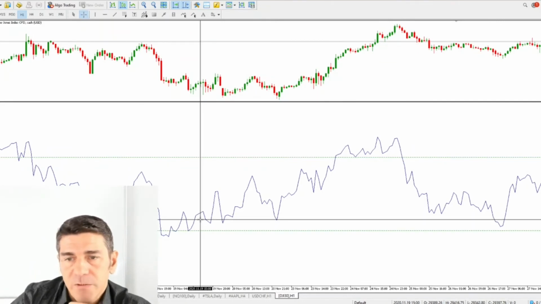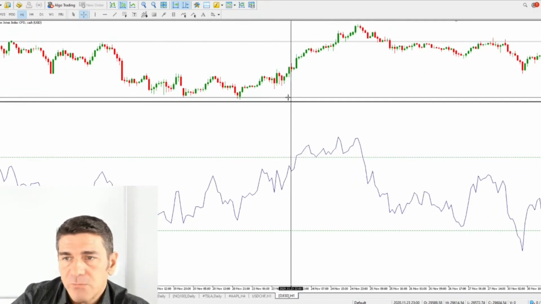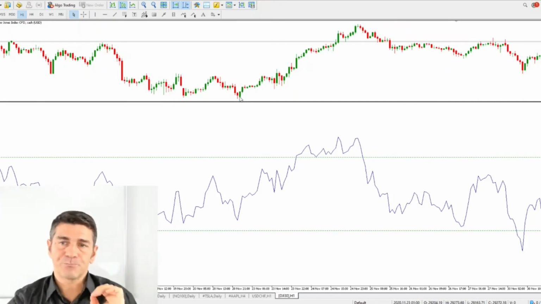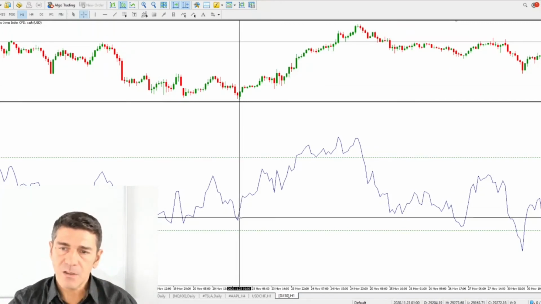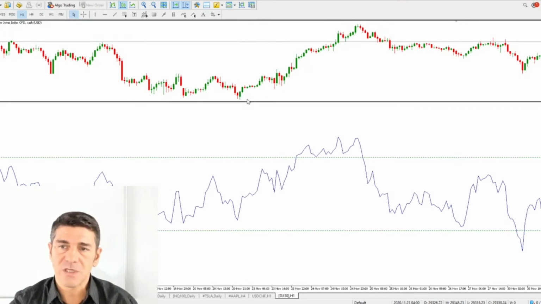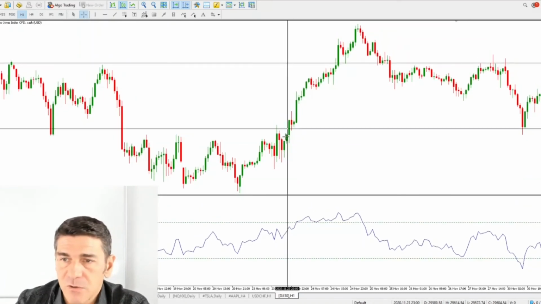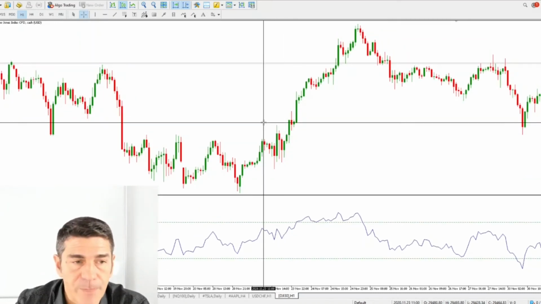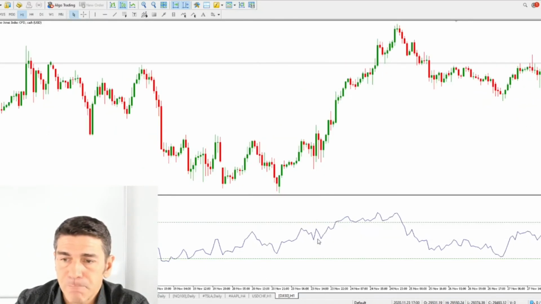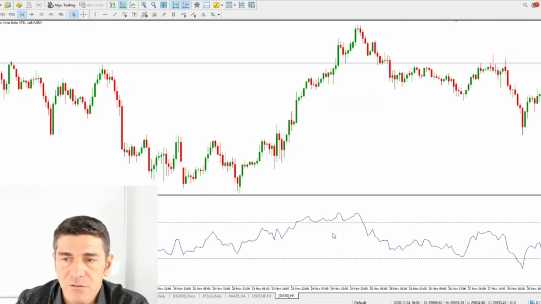RSI follows the price movements, but what do I mean? If we experience some uprising, we see this uprising also in the indicator, but it's not exactly the same. There are some features that we cannot discover directly from the charts, and they are very useful when we find them on the RSI indicator.